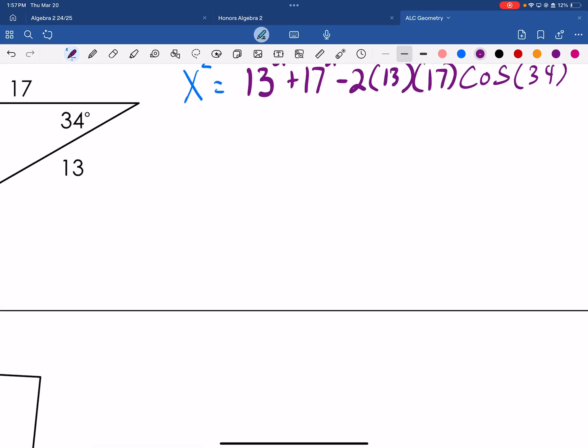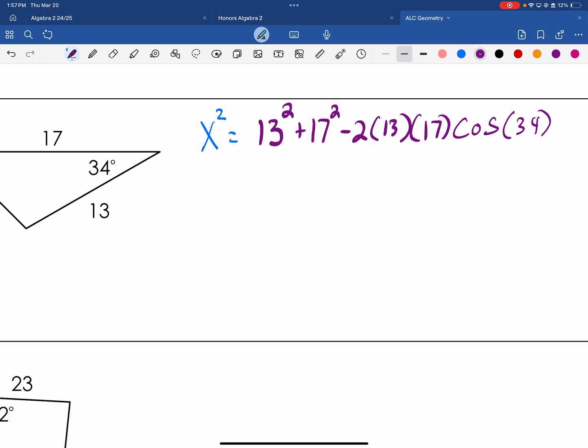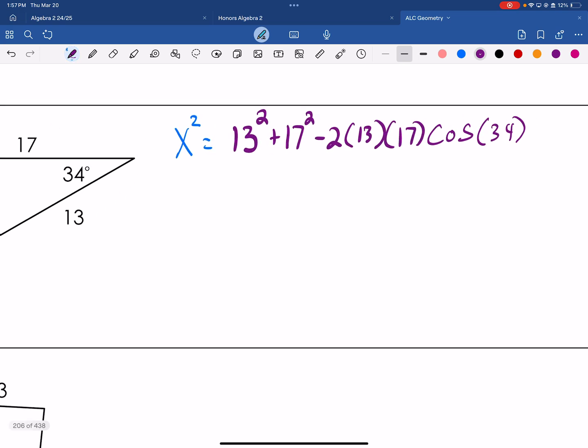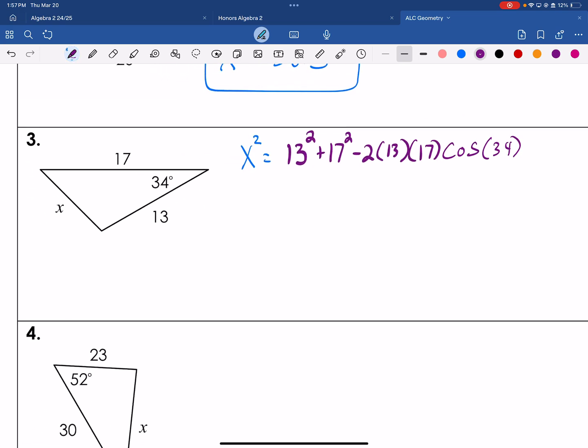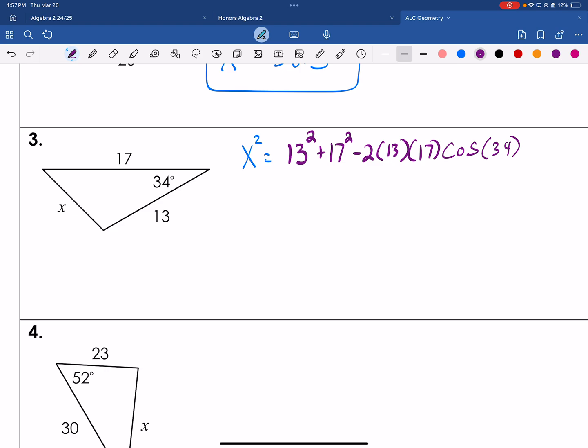Okay, peek up real quick. Make sure you have it set up right. X squared equals 13 squared plus 17 squared minus 2, 13, 17, cosine of 34.